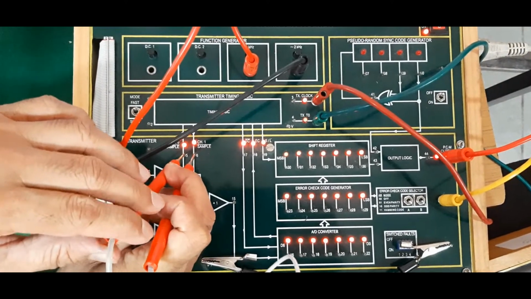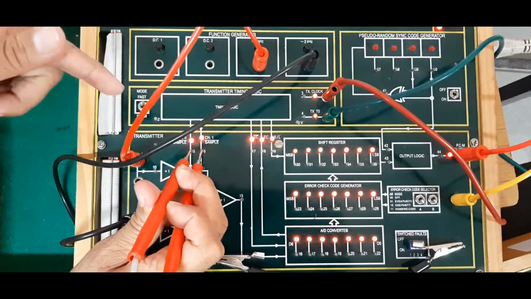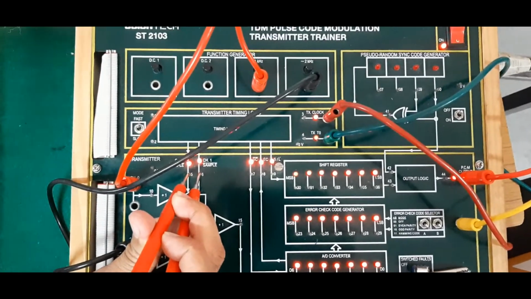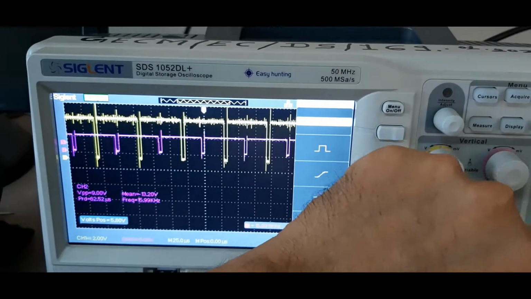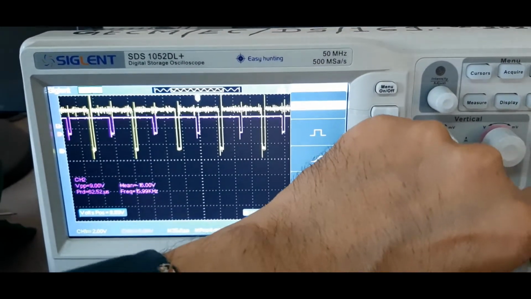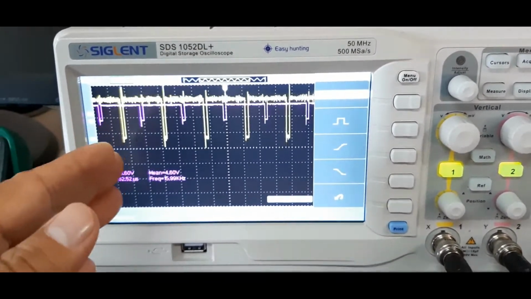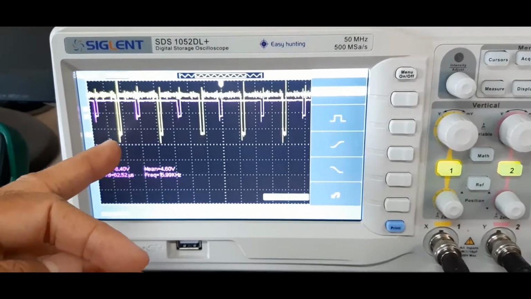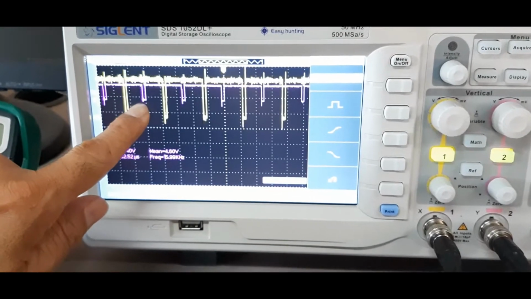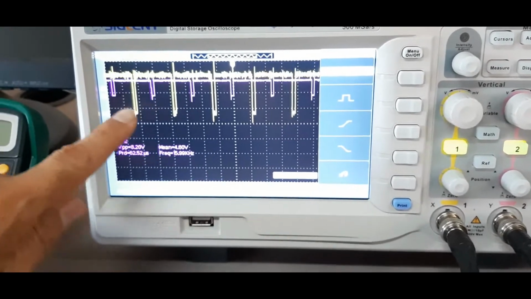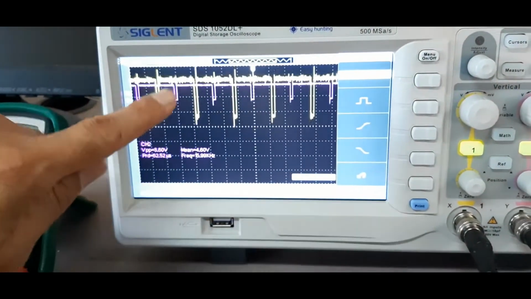For comparison purpose, I have connected the two channels simultaneously, and we can see that the samples are being taken alternately for channel 0 and 1, where the sample from one channel is at the midpoint of two successive samples from the other channel, and likewise.